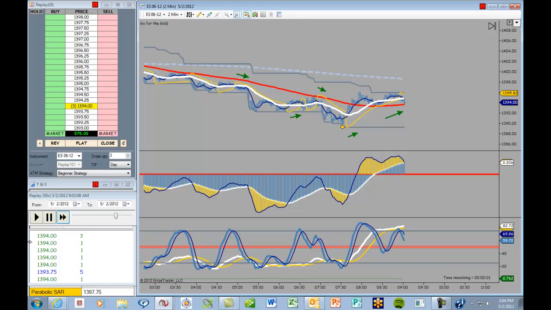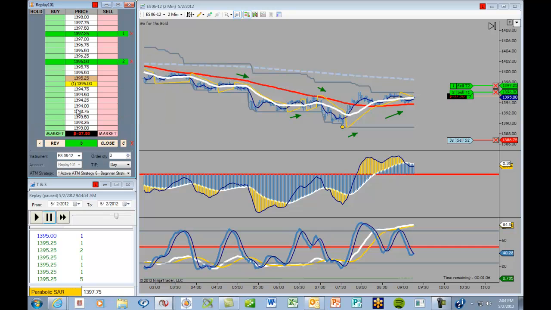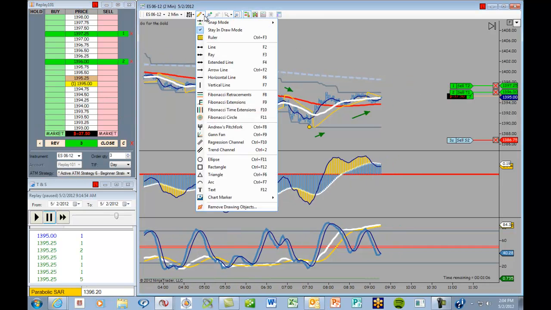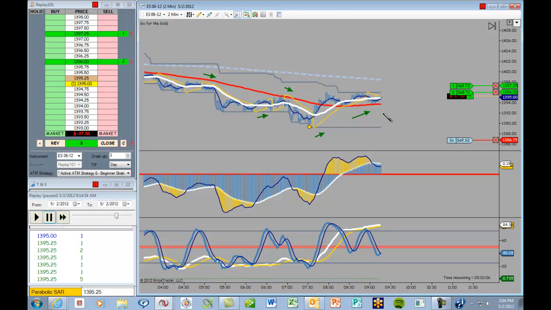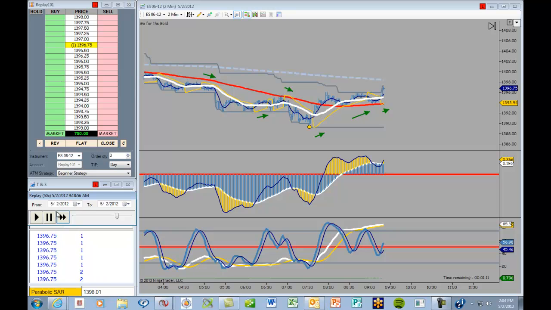All right, let's watch for the stochastic to turn around again. That'll do. That was quick.